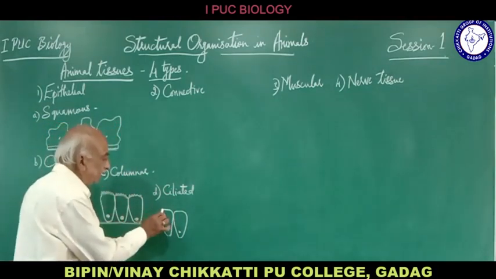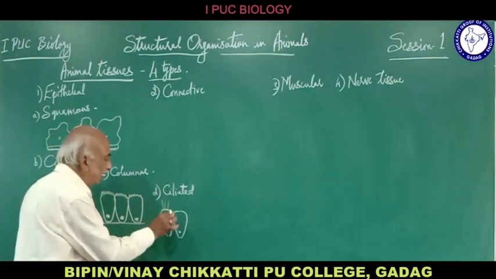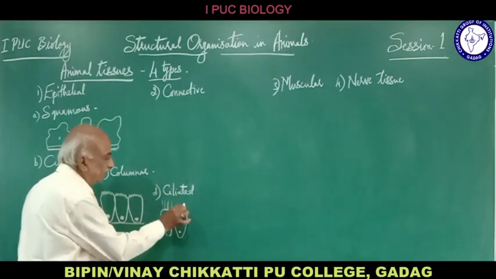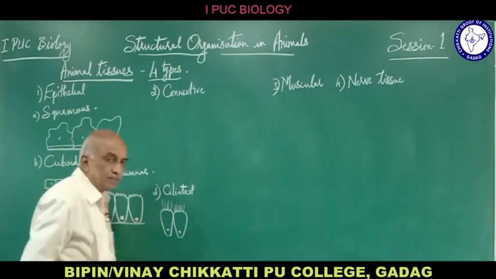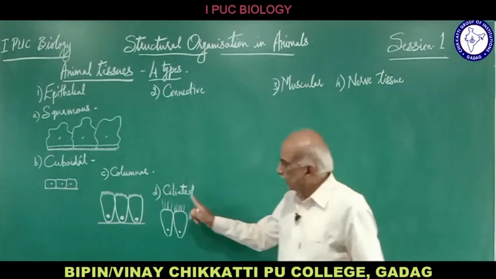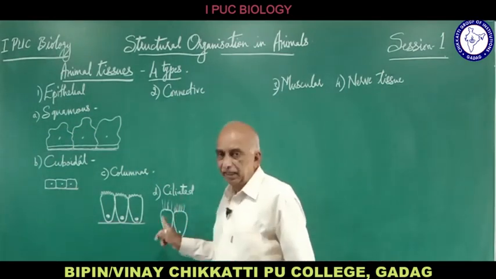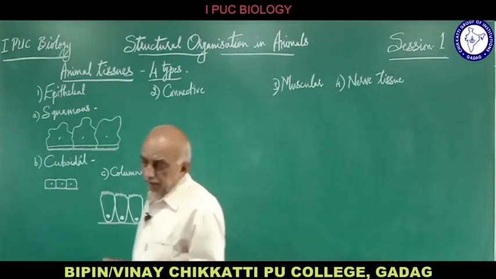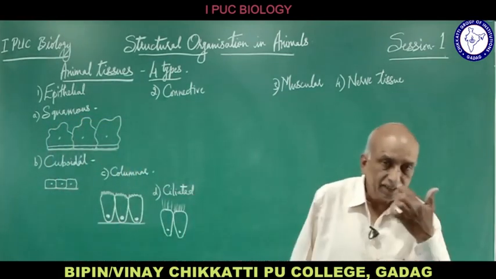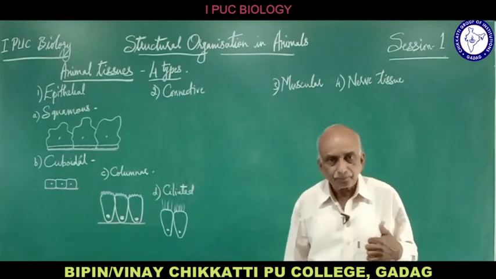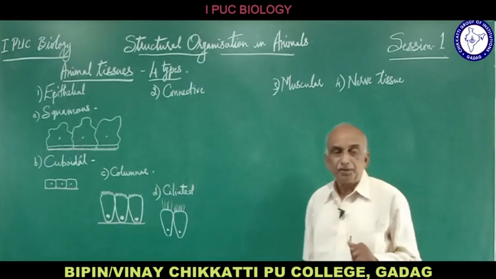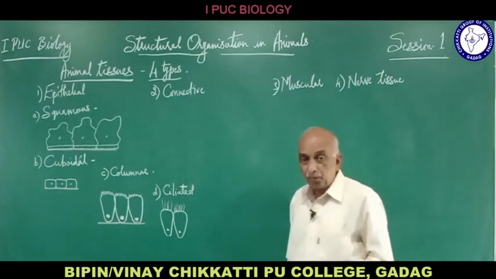Instead of microvilli, there are small hair-like structures which are called cilia. That is why it is called ciliated epithelium. So based on their functions and shape, they are classified like this. This epithelium is present in our respiratory tract, that is in the nasal cavity, and also in the fallopian tube of the female reproductive system, which is also called the oviduct.